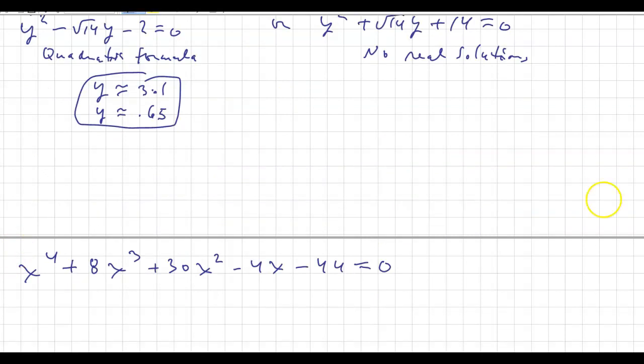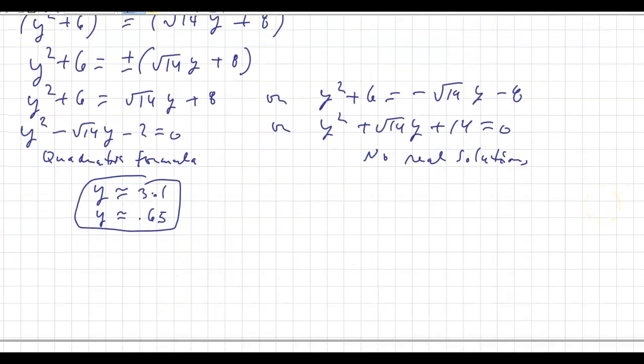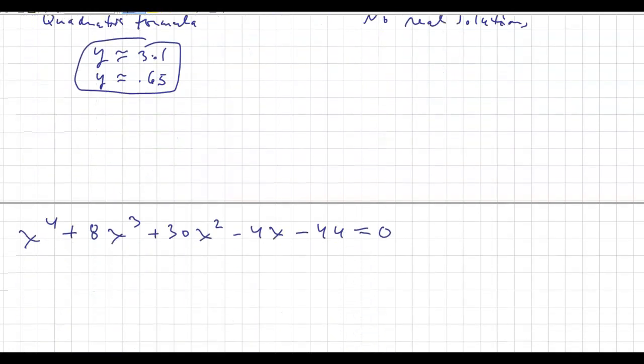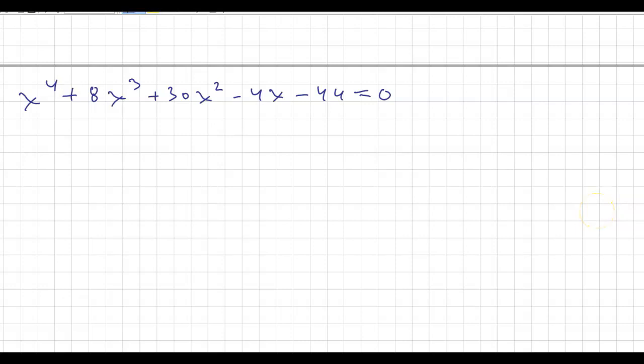Now, the final thing to tell you about in this video is, what if it's not a depressed quartic? What if the equation has an x cubed term? Well, in the last video I showed you that to make a full cubic that has all the terms into a depressed cubic, we replace x with y minus b over 3a.